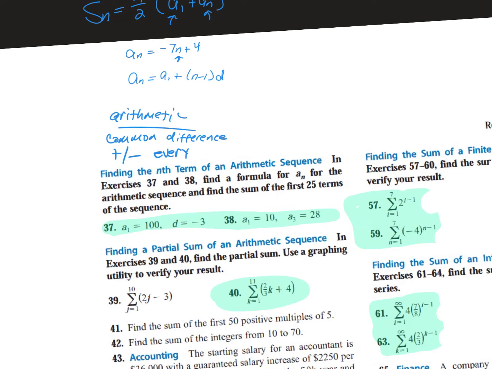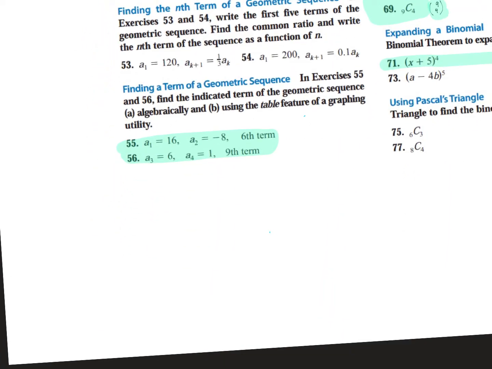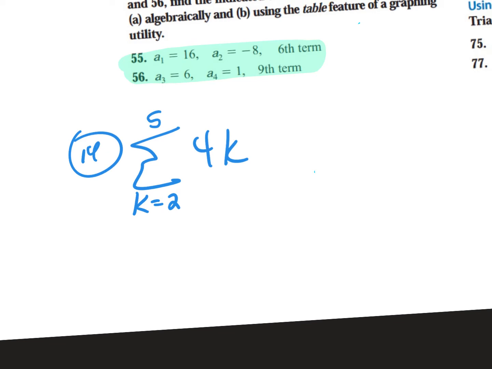But if you have something like number 14, I know it's fuzzy and you guys can't see. But if you have something like 14, I'll write it down. It says the sum from K equals 2 to 5 of 4K, and it says, what's the sum? How would you figure this out? What are they telling you to do here? You're just evaluating. What number am I going to start plugging in? 2.